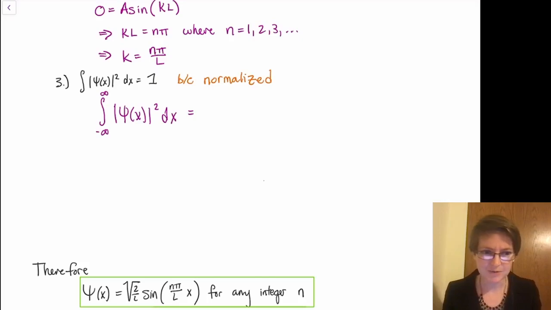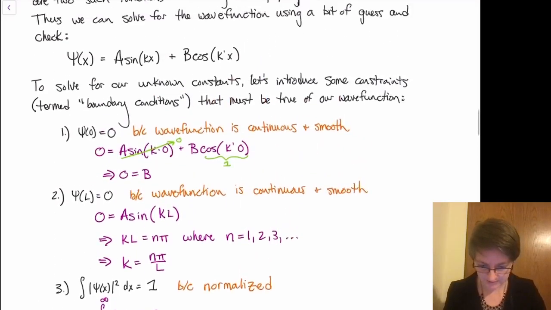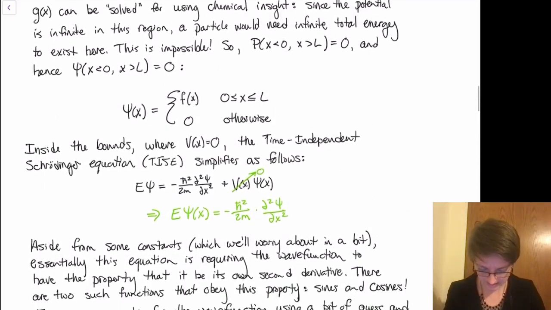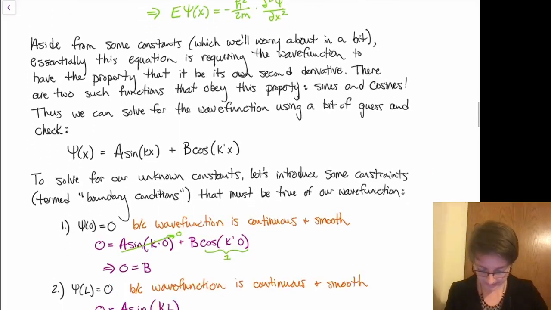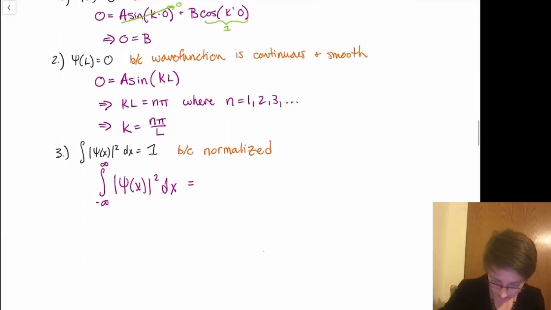I like to be a little bit more mathematically rigorous and remember from up above that our wave function is a piecewise function, where this f of x piece we've now figured out is equal to a sine of n pi x over L. What that means is that, just like how you're supposed to do integrals of piecewise functions, I should split this up into its three distinct pieces.